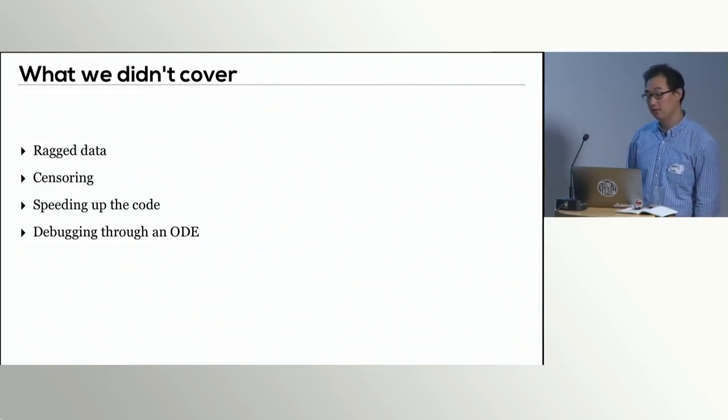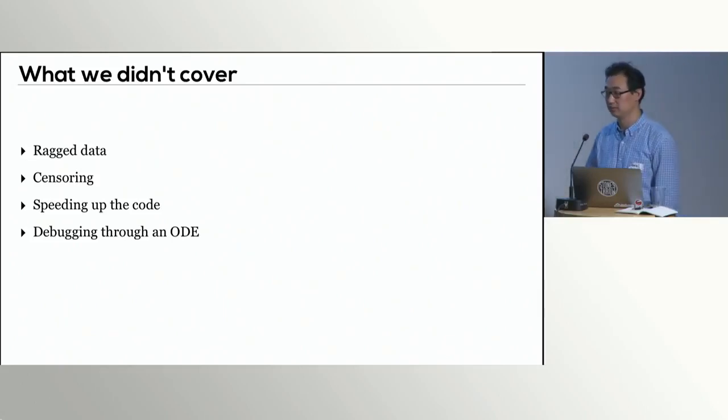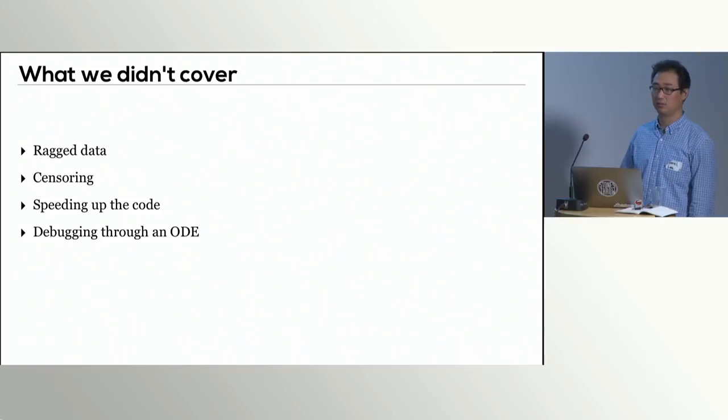Debugging through an ODE we didn't cover, but it's a little more challenging than debugging a regular Stan program without an ODE. Part of the reason is it's slow. Second, you have to understand whether the ODE solutions are going off the rails because you're in a bad parameter space, or whether you implemented the ODE correctly or incorrectly. There are a lot more complicated issues here, but otherwise it's all doable.